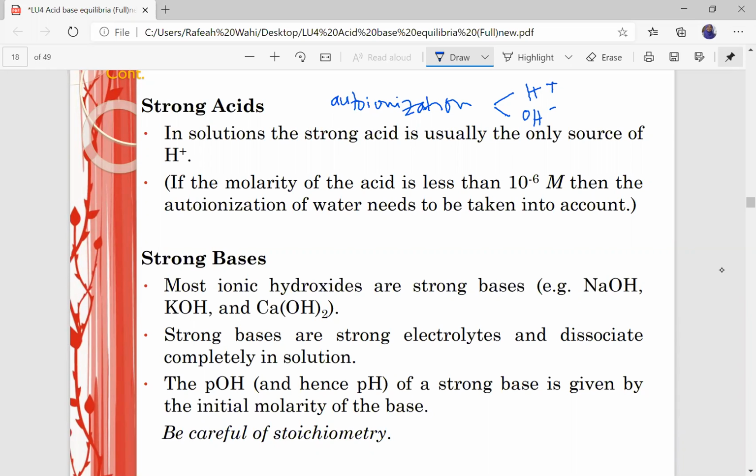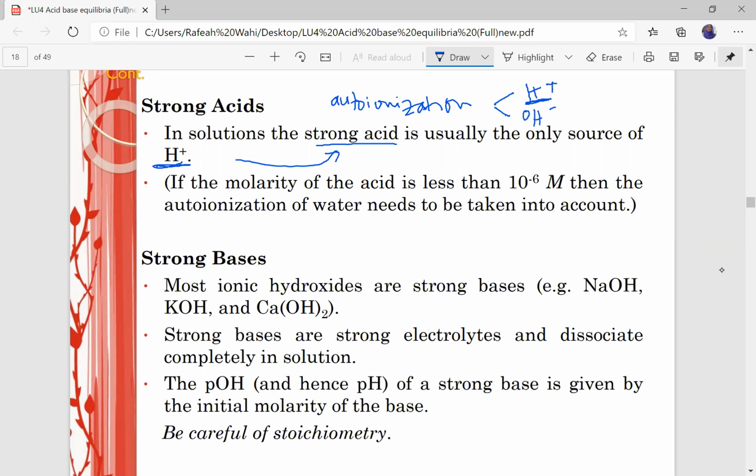Okay, so this is a revision. However, in a strong acid, normally the only source of H plus is from the acid itself. Although we have this acid in water, okay, the H plus contributed by water in the strong acid solution is normally negligible. Okay? Why? Because it is a very small amount, very small concentration.